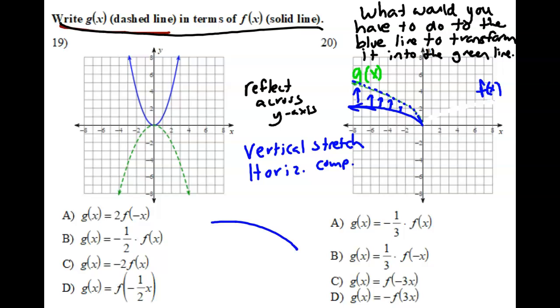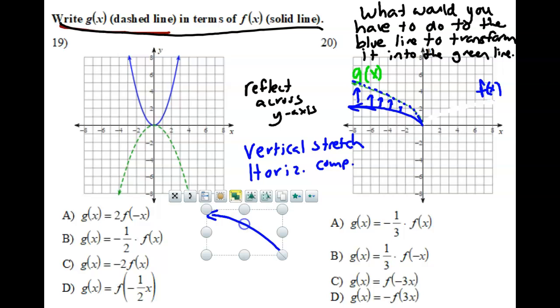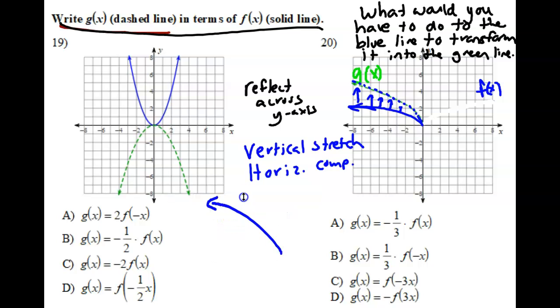Well, I'm going to redraw that. If you take this graph and you vertically stretch it, then that will make it grow taller, right? So that's one way to make it have that particular shape to it.